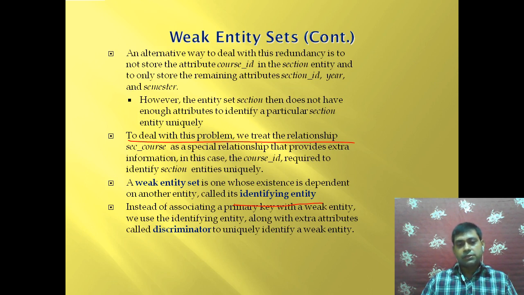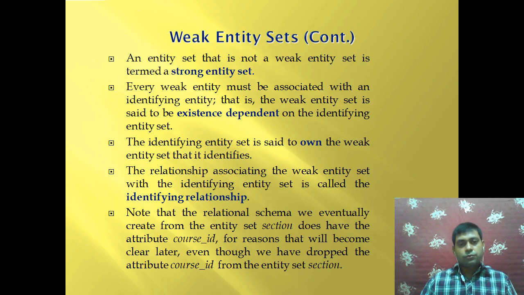That is why that is known as the discriminator. Now we have to take the help of the strong entity set, hiring the primary key from there and attaching it with the discriminator. We can create the primary key of the weak entity set.